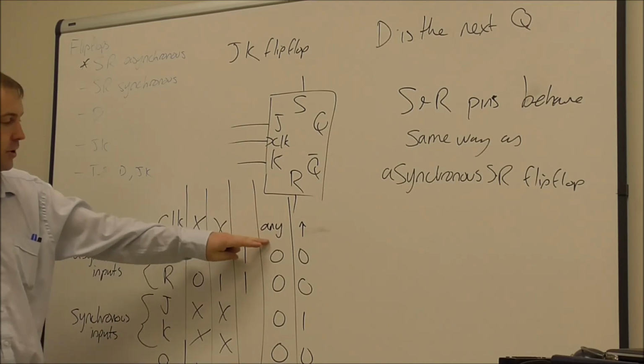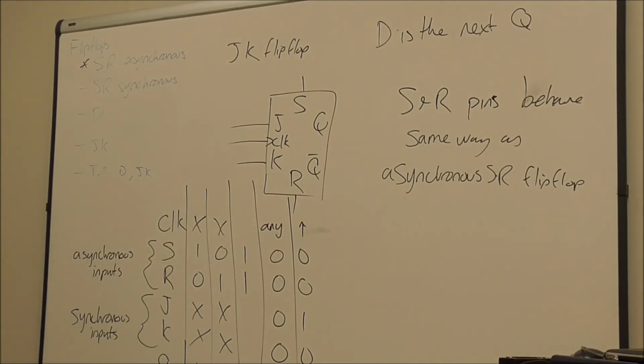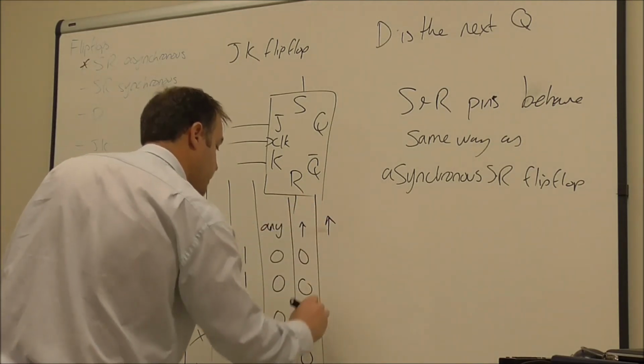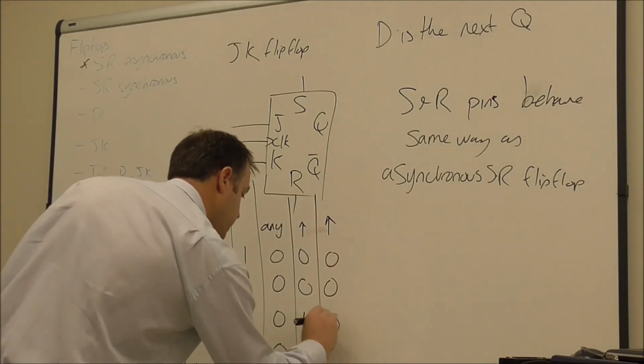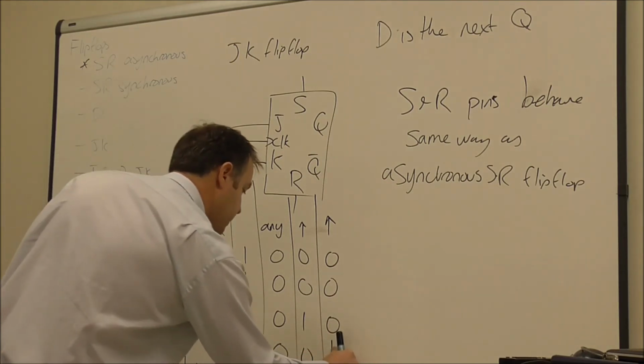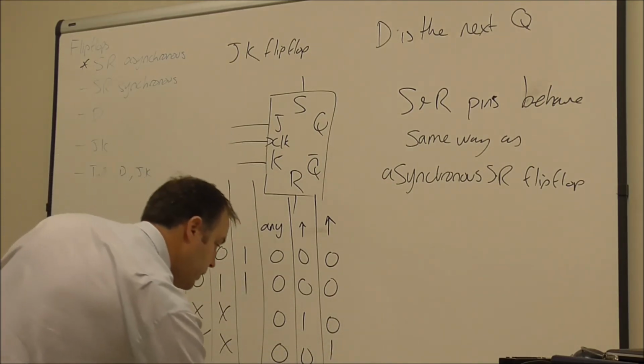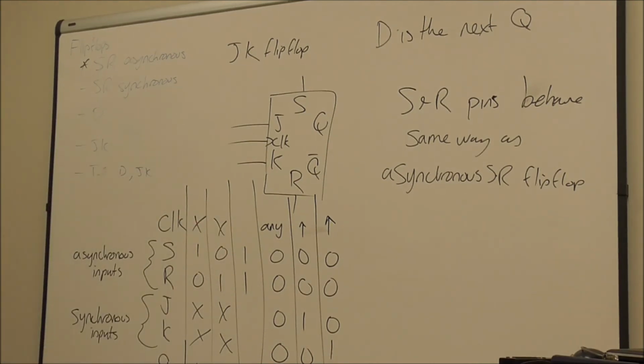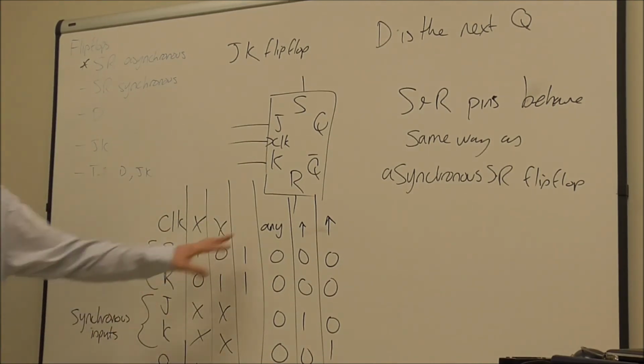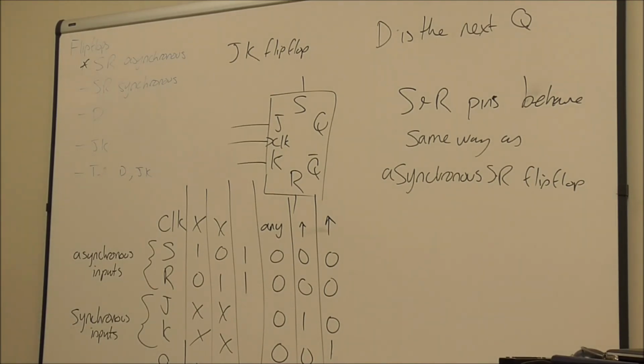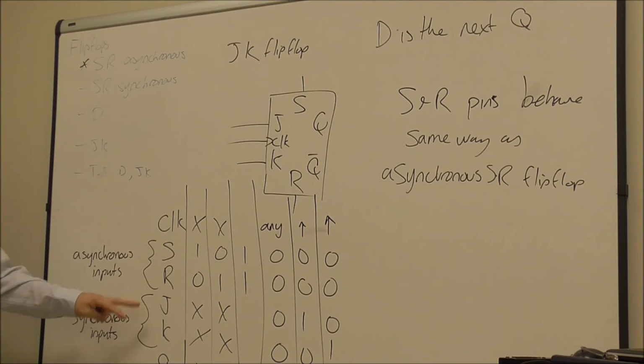So that falls in this state here. Likewise, if we see a rising clock edge, S and R both 0, and J is 0 and K is 1, we see that. So this behaviour here is really no different than the synchronous SR flip-flop. The synchronous SR flip-flop behaves the same as the J and the K inputs.